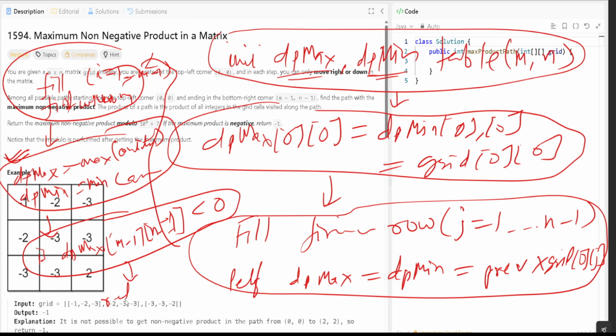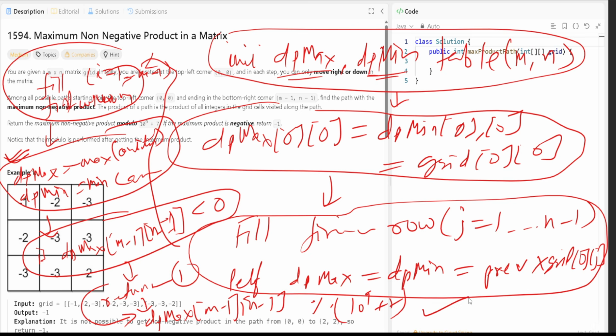Either we'll return -1, or we will return the dp max value at m-1, n-1, or you can take the modulo 10 to the power 9 plus 7 also, and then you will return.